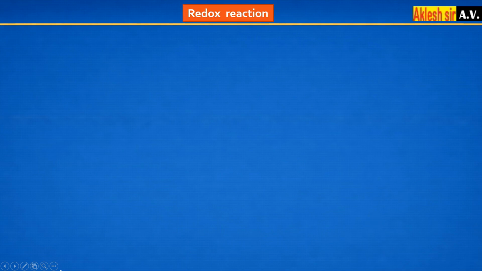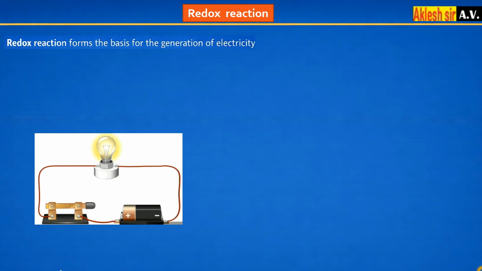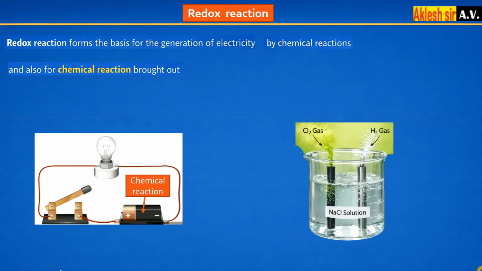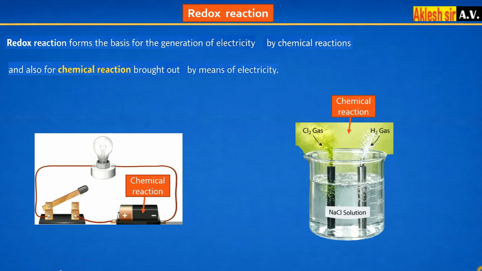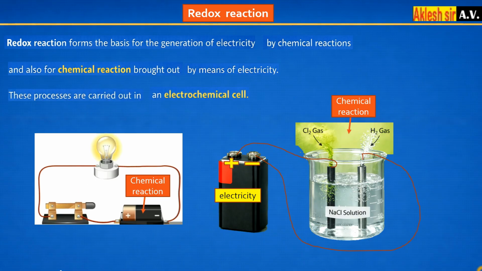Redox reaction forms the basis for the generation of electricity by chemical reactions, and also for chemical reactions brought about by means of electricity. These processes are carried out in an electrochemical cell.